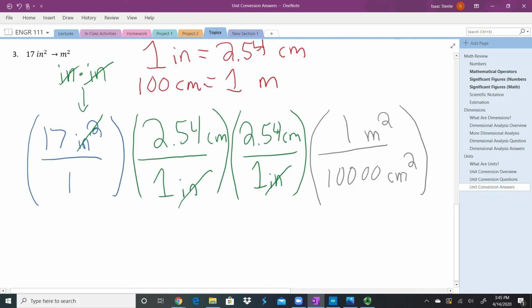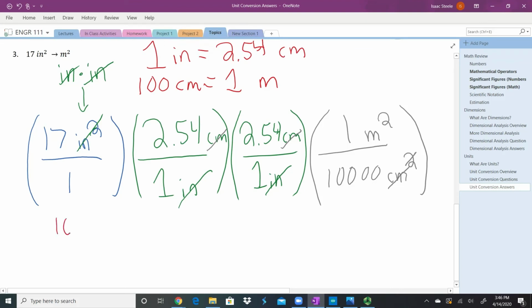So 1 squared is 1, meter squared is meter squared, centimeter squared is centimeter squared, and 100 squared is 10,000. So now I don't have to do it twice, I've already done it twice. One of these centimeters cancels out with the exponent, and the other centimeter cancels out with the centimeter that's last.